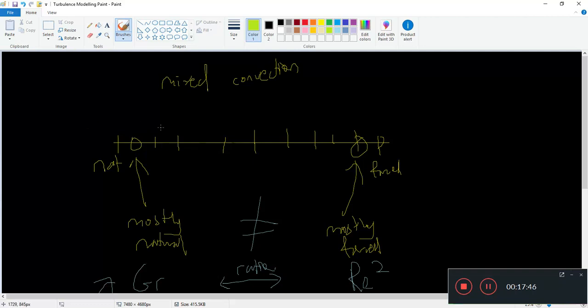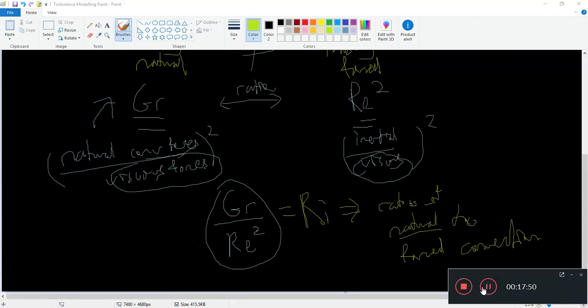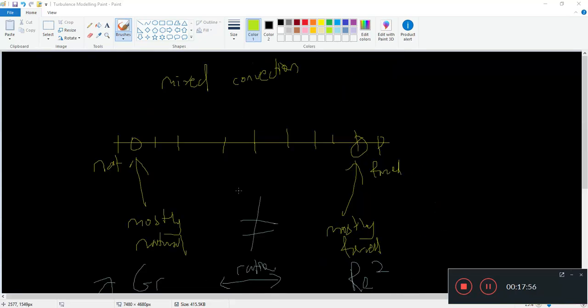So what are the typical ranges of this? If you have natural convection, you have a Richardson number more than 10, and then you can sort of neglect the forced convection bit.